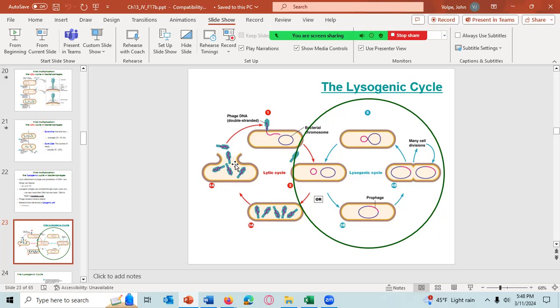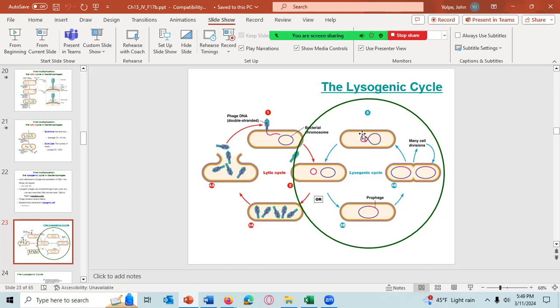All right, so it's not entirely understood why the lysogenic life cycle ends and the lytic life cycle begins. They've studied this now for over 70 years, and they still don't have a good understanding why. They do know one factor which can cause it, and that is if you damage the host cell's chromosome.